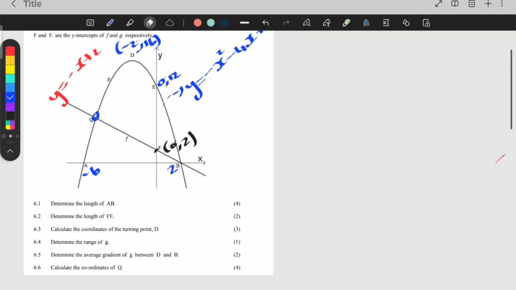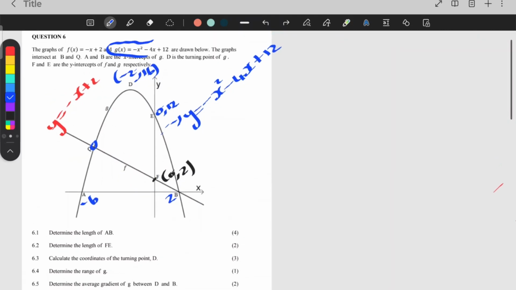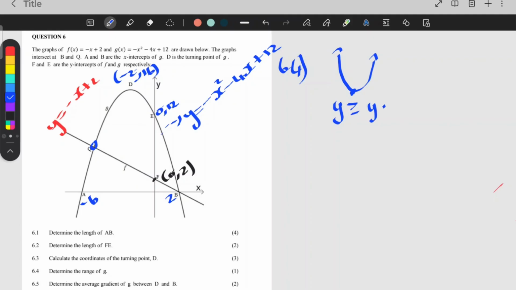Okay, our next question is 6.4. 6.4 says, determine the range of G. So G is the parabola. If you have a smiley face parabola, the range is y is greater than or equal to the y value of the turning point.